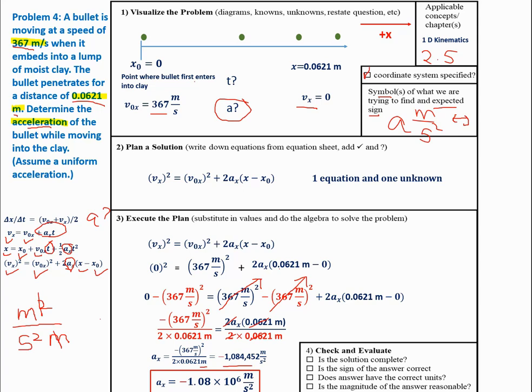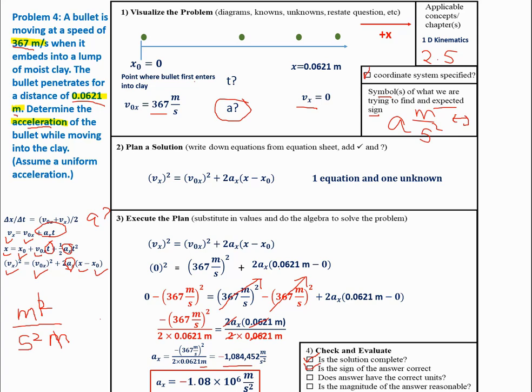Okay, so let's check and evaluate. Is the solution complete? Yes, our purpose was to calculate the acceleration, and we did that. Is the sign of the answer correct? Yes, we have a negative sign for the acceleration, which makes sense because the bullet is slowing down while moving to the right.